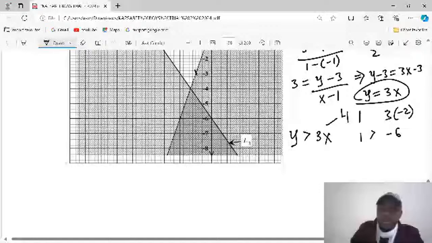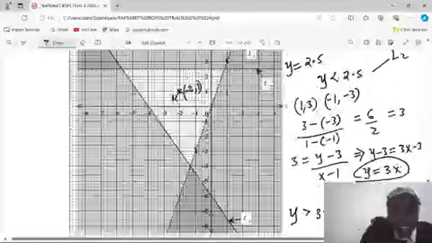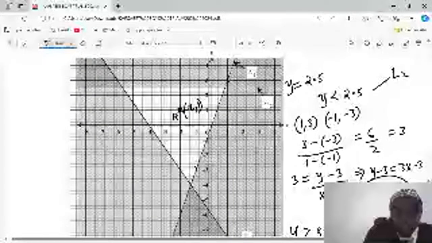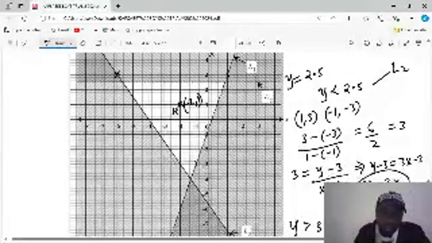Finally, we can look at L3. We need just 2 points lying on the line. It's good for you to pick definite coordinates, which are not having a lot of fractions or decimal places, like (-6, 3).